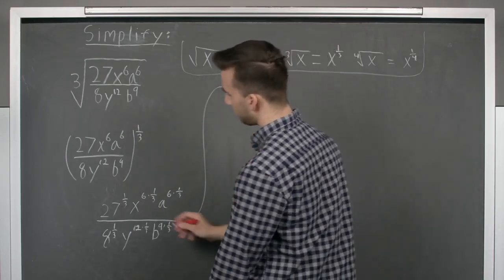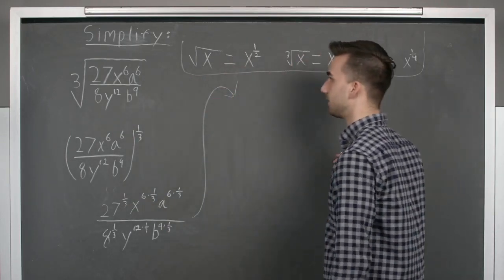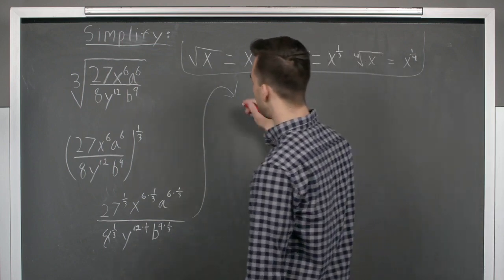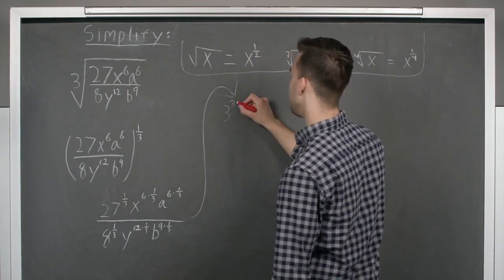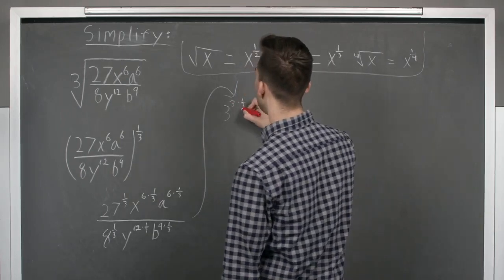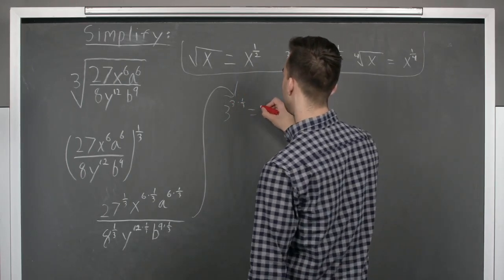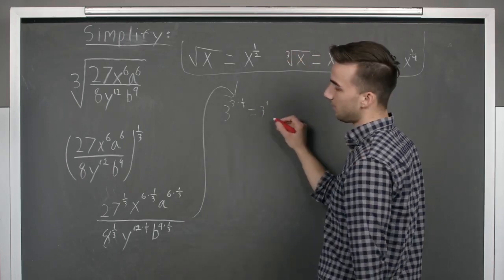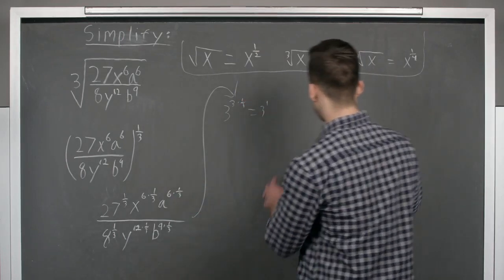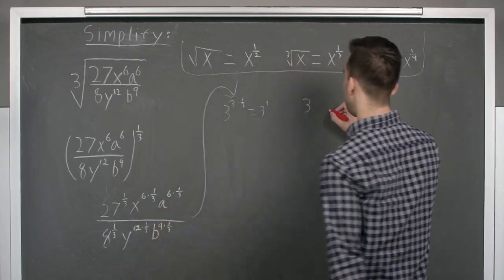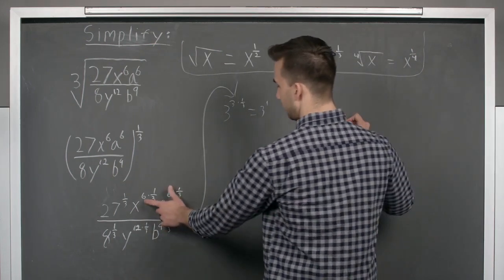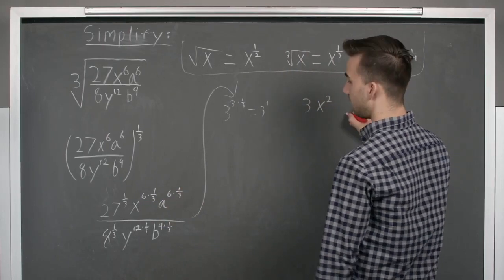What is 27 to the power of 1/3? Well, we can also write 27 as 3 to the power of 3. So 3 to the power of 3 times 1 over 3 is just equal to 3 to the 1, which is also equal to 3. So we can write it as 3, and then x, what's 6 times 1 over 3? It's 2.